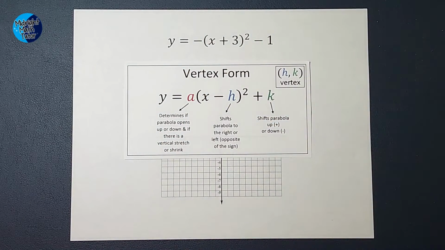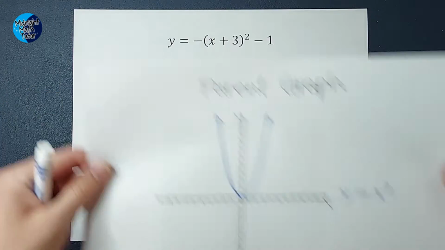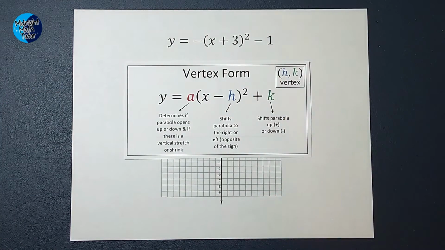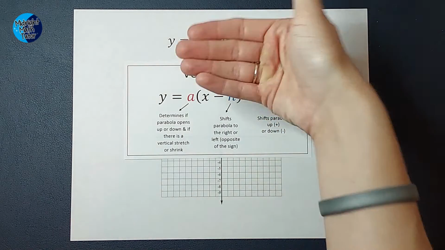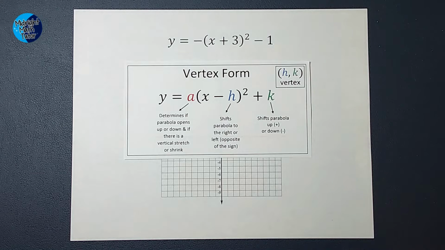Right now we have a negative there. The negative tells me that instead of opening up like this one does, it's actually going to open down, kind of like a frowny face. This doesn't apply to this one because there's really an invisible 1 there, but if you have a number besides one there, it does affect the graph.